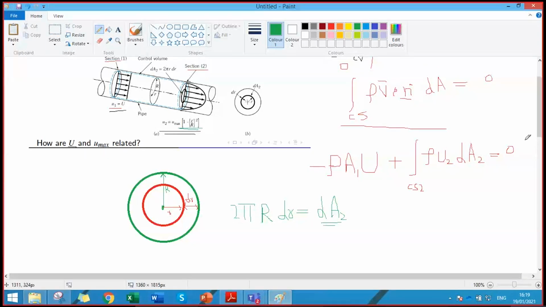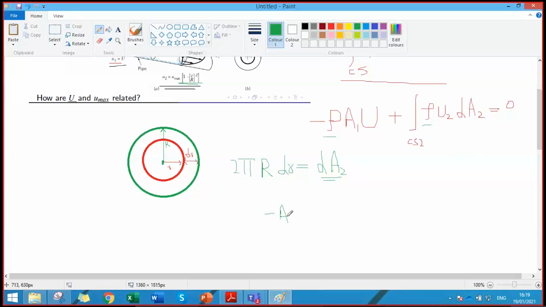We'll just write minus A1 U, plus the integral from 0 to capital R of U2, whose function you can write here, into dA2, which is now 2 pi r dr. Clear?